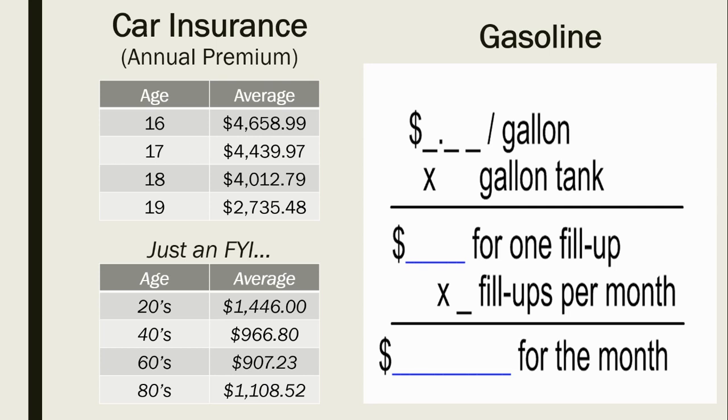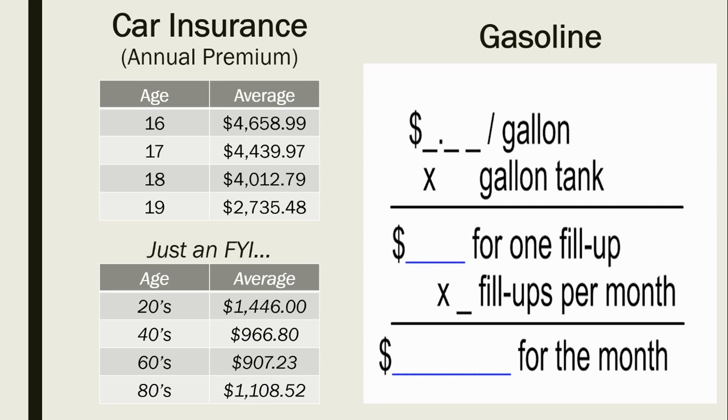Take 4012. Not your age. Yeah, like 4012.7. You divide that by 12.